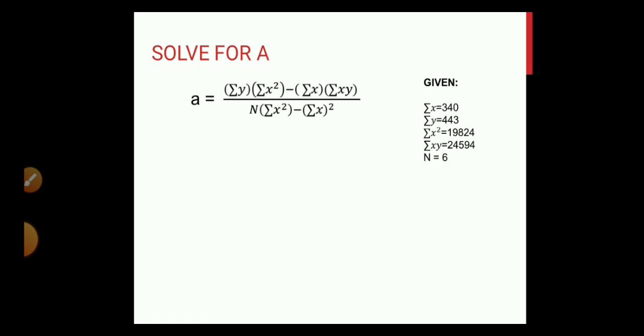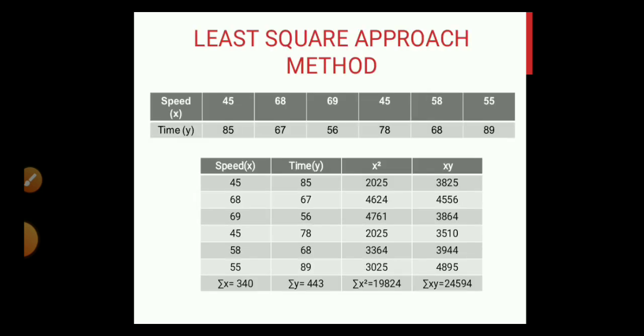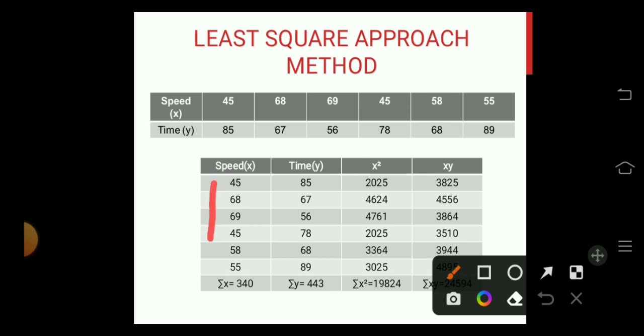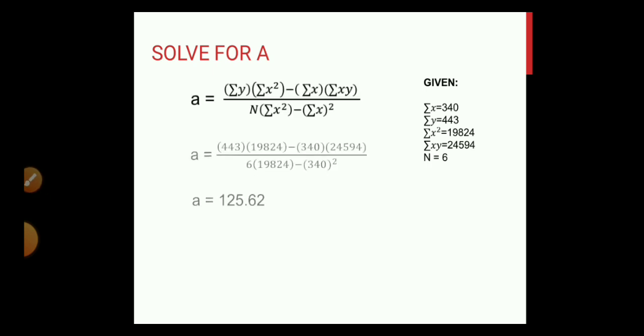This is the formula to find the intercept. The given are: the summation of x is 340, the summation of y is 443, the summation of x squared is 19,824, the summation of x times y is 24,594, and the nth number is 6. If you are wondering where we got the 6, it is from the table, since we have 6 observed data given. So, substitute the values.